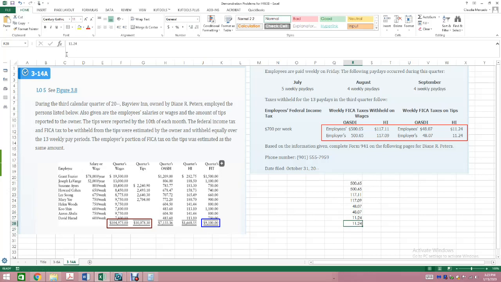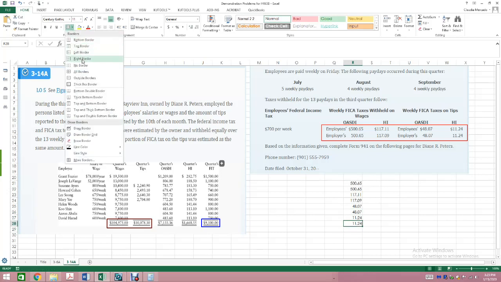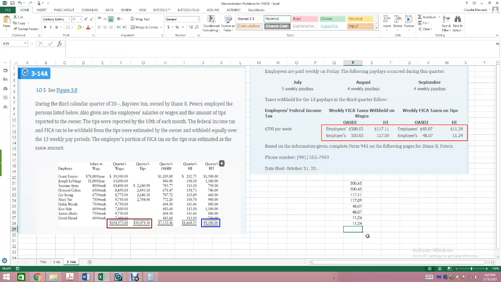You add all those together, and then you're going to multiply by 13 pay periods. I'm sorry, I misspelled periods. 13 pay periods, to be more specific.